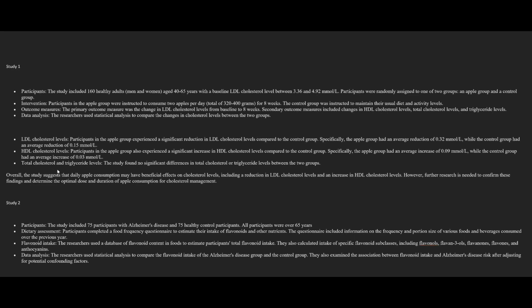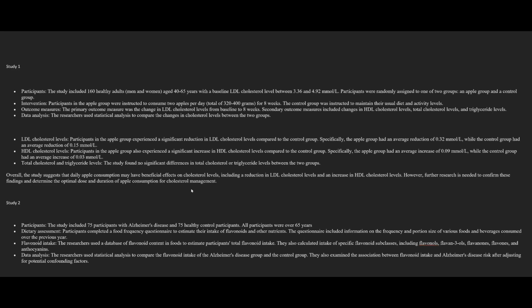Total cholesterol and triglyceride levels. The study found no significant differences in total cholesterol and triglyceride levels between the two groups. Overall, the study suggests that daily apple consumption might have beneficial effects on cholesterol levels, including reduction in LDL cholesterol levels and increase in HDL levels.